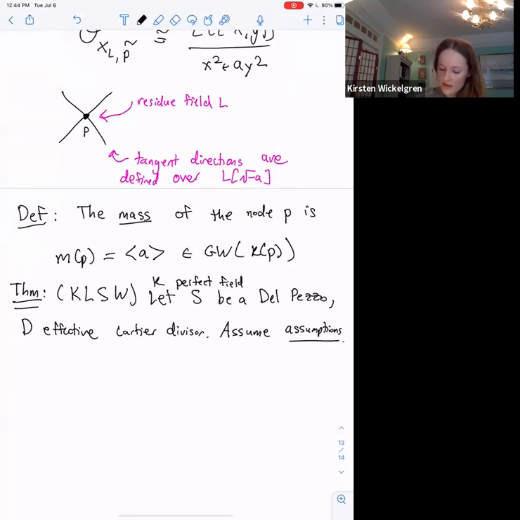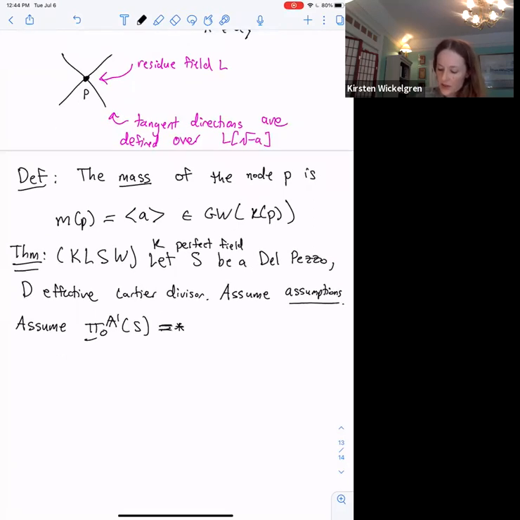We're going to then make the additional assumption that the surface is A1-connected, which again includes P2 blown up at points and P1 cross P1 and some cubic surfaces, and yeah, it includes some, but not all, Del Pezzo surfaces.